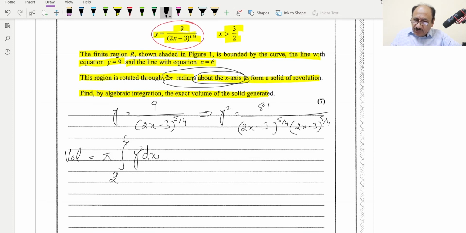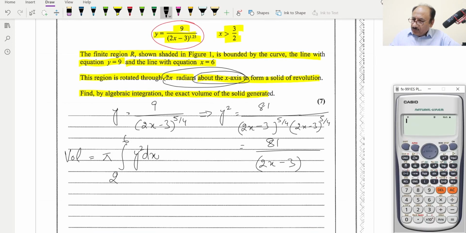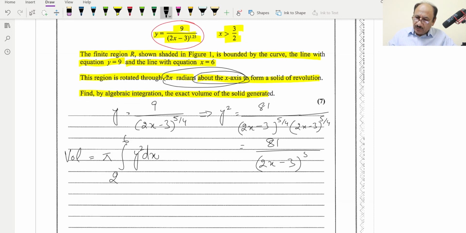This will be equal to 81 over (2x minus 3) raised to the power 5 by 4 plus 5 by 4. So the powers will be added: 5 over 4 plus 5 over 4 will be equal to 5 by 2, which we can write as 5 by 2 or 2.5. I will be writing 5 by 2.